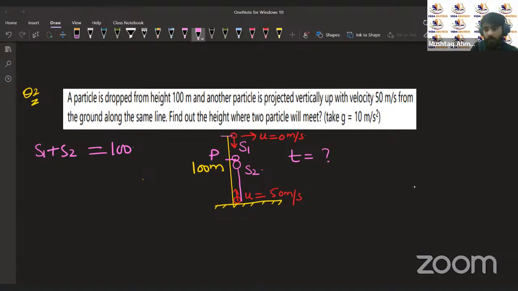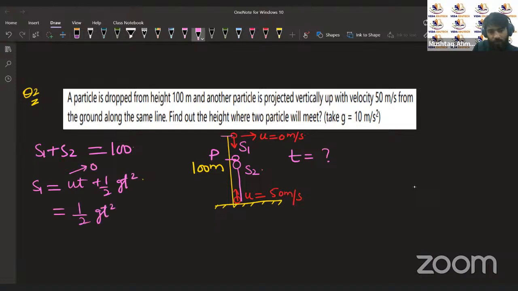So if the first ball comes S1 meters downwards and the second ball covers a distance of S2 in the upward direction, the total S1 plus S2 has to be equal to 100 meters, and let's suppose they collide after time t. We can calculate S1 as ut plus half gt square. Here u is 0 for the first ball, so S1 is half gt square.